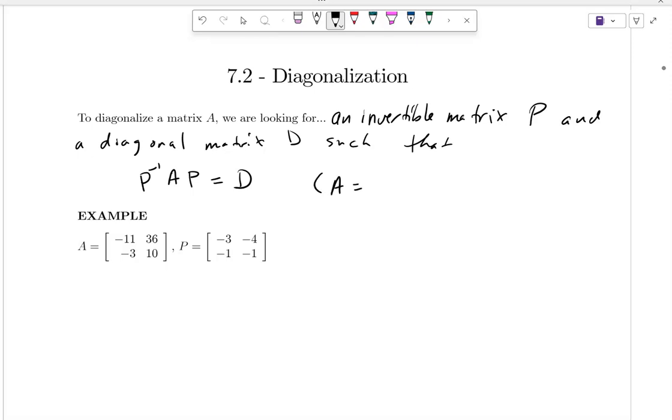I could say A is P D P inverse. Either way works. Okay.